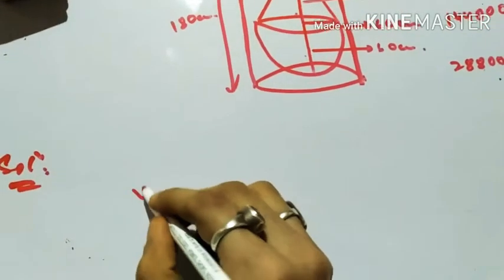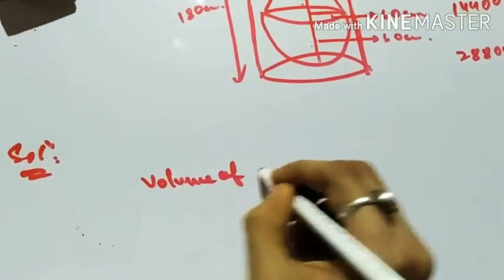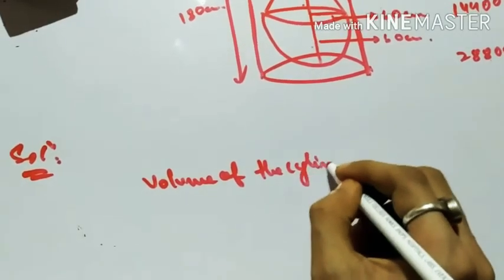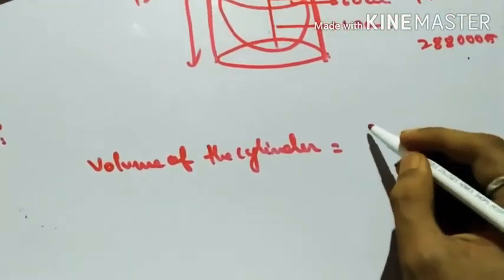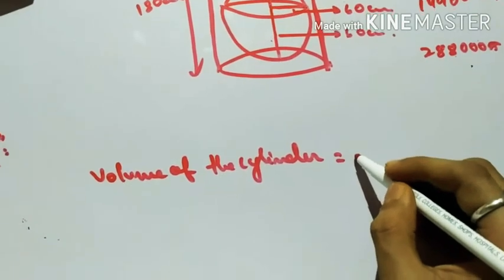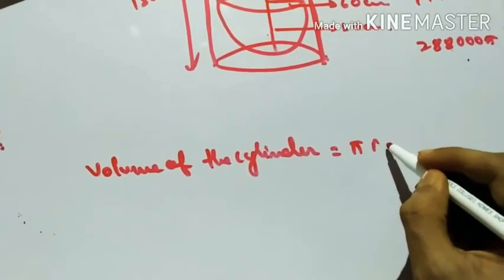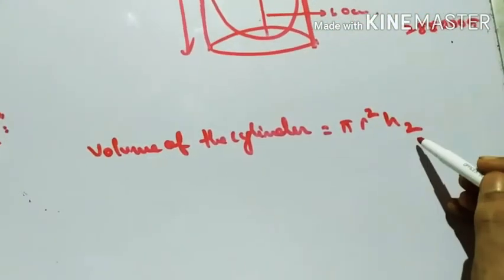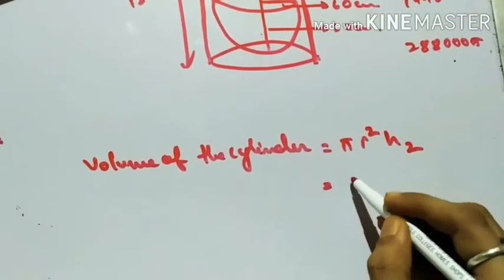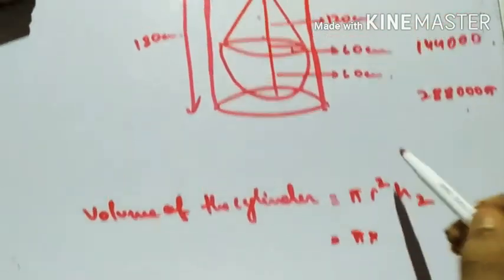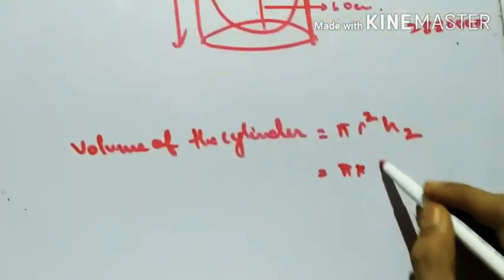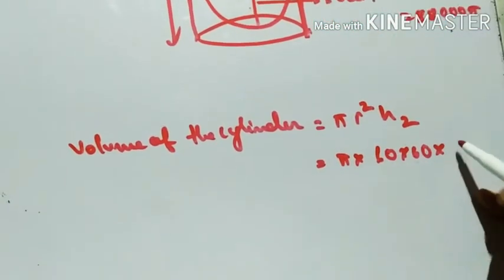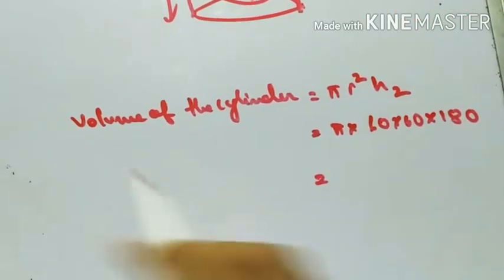Volume of the cylinder, formula is pi r square h2. Height of the cylinder I have taken as h2. So it equals pi into radius 60, so 60 into 60 into h2, which is 180.